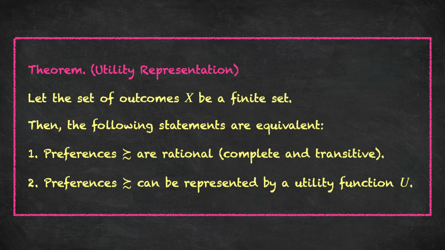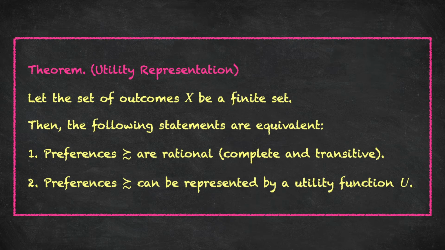If we were dealing with a richer set of outcomes, an infinite set of outcomes, then there are, in fact, rational preferences which do not have utility representations. You may have seen these if you've studied mathematical economics previously, but as long as we're in the world of a finite set of outcomes, there is no loss of generality in assuming that preferences can be represented by a utility function when we want to work with rational preferences.